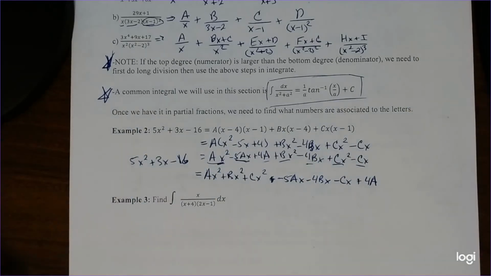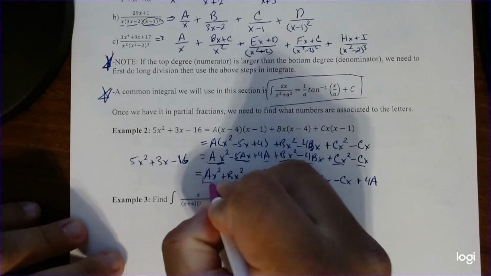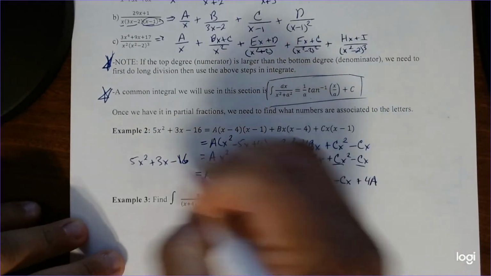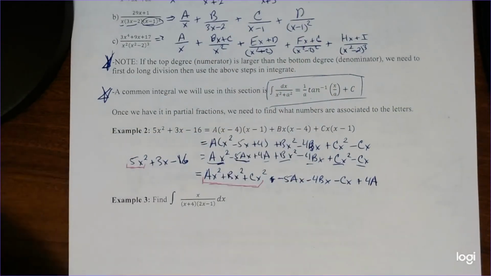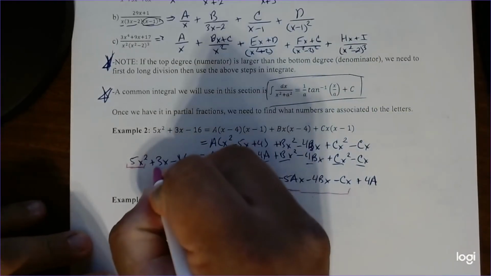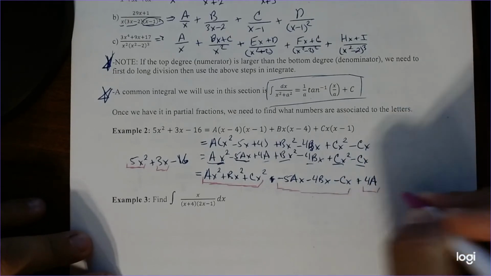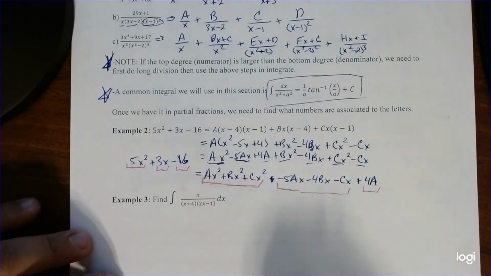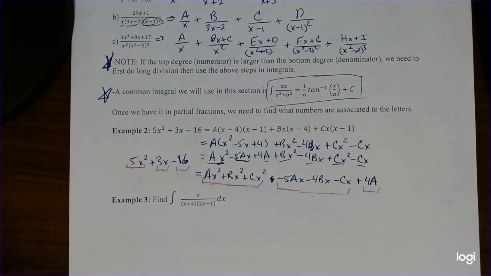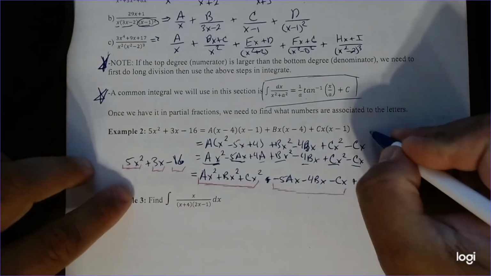Now, how this comes into play is all the ones with x squareds should add up to give you 5x squared. All the ones with single x's should add up to give you the one with the single x's. And all the ones with no variables add up to the one with no variables there. That is how we set up our system of equations. Hopefully, the best case scenario is you can solve for one or two right away.